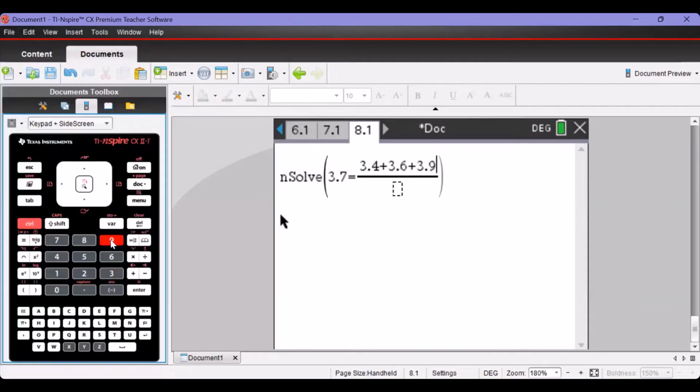They're the 3 sample values that we're given, plus the unknown one, which is x, and down into the denominator, divide by the number of values, which is 4, and then comma x, press enter. And so the remaining sample value is 3.9, and the answer is D.